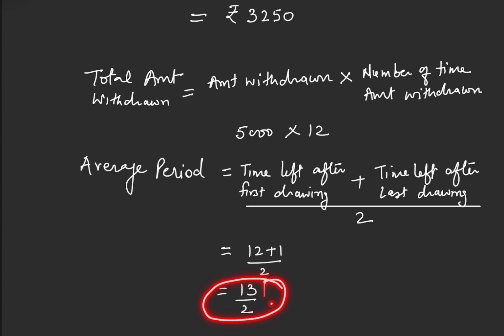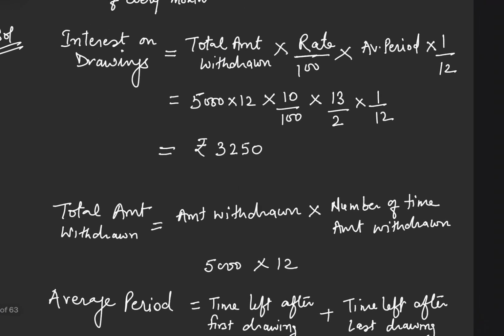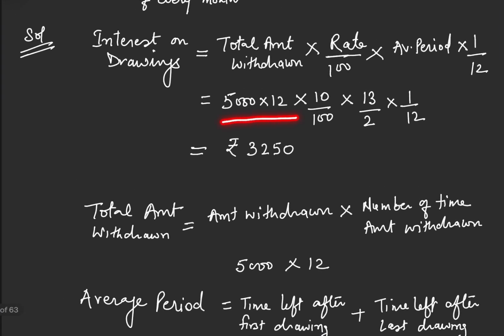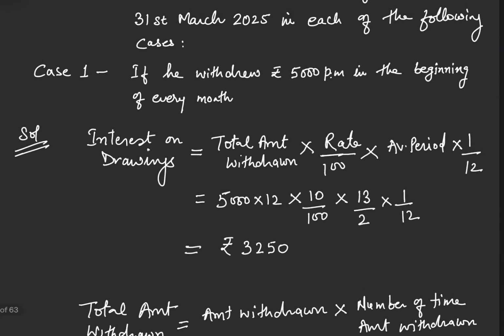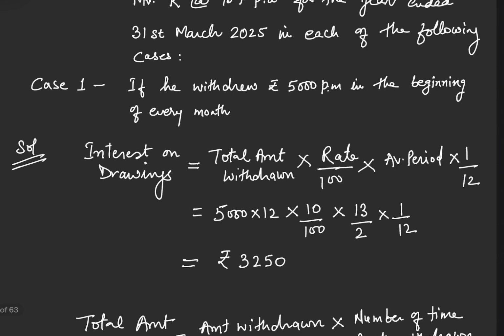Writing it in the same form, 13 by 2, so as to have easy calculations. Putting up the values, this is the total amount withdrawn and rate is given 10 upon 100, whereas average period is 13 upon 2 multiplied by 1 by 12. Thus rupees 3,250 is to be paid by the partner R.